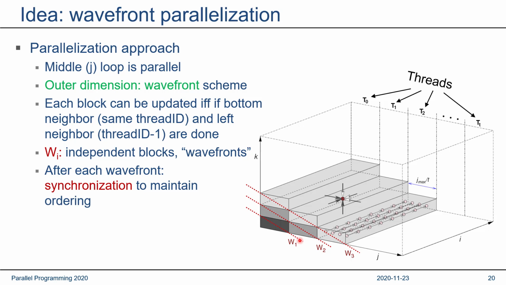So as this wavefront progresses, I can keep more and more threads busy by giving more and more blocks to the threads. Of course, in order to make this work correctly, after each wavefront, after each update of parallel blocks, we have to synchronize the threads working on them in order to get correct ordering of the events.